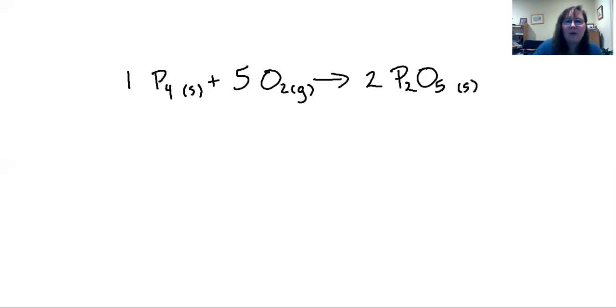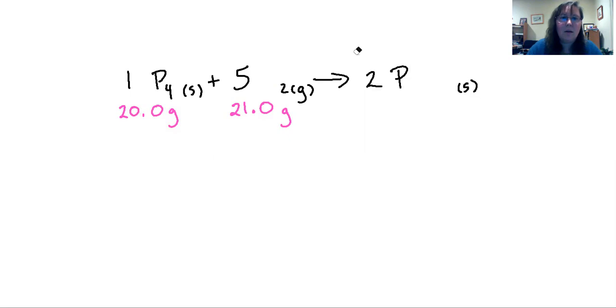Now if we remember from the other page, we had 20 grams of our P4, and we had 21 grams, and that is still not the right one. I sincerely apologize for writing this incorrectly.